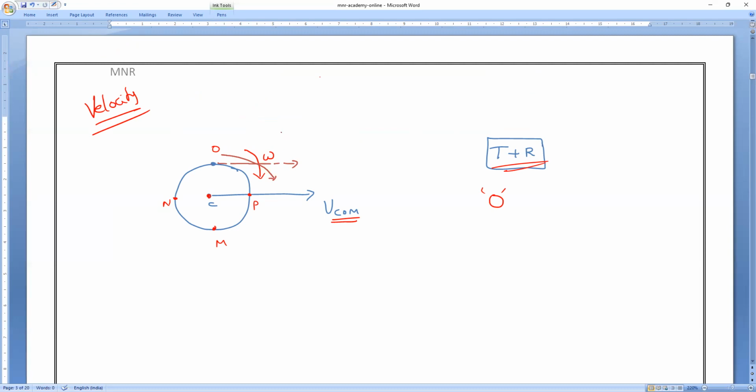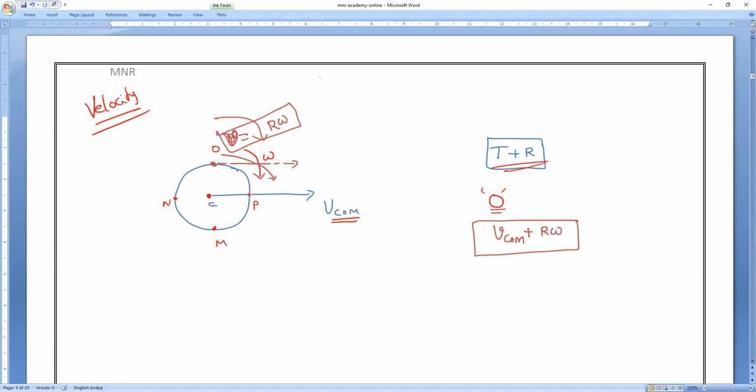So the velocity of particle O is equal to the velocity of the center of mass, both being in the same direction, plus, for rotational motion, the relation is V equals R omega. So the velocity of particle O is equal to the velocity of the center of mass plus R omega. That is very important.